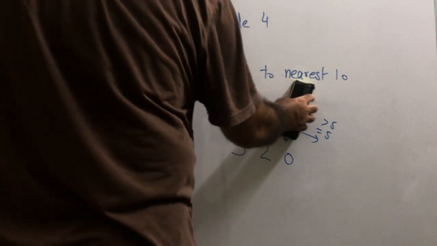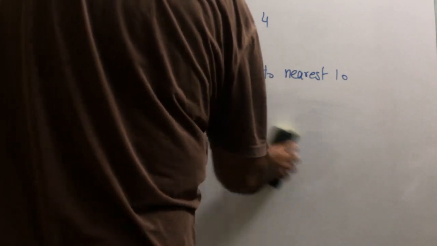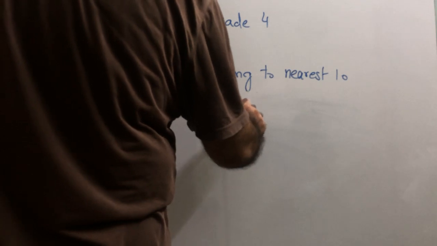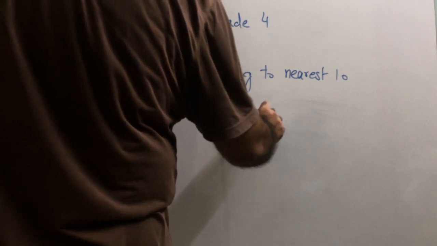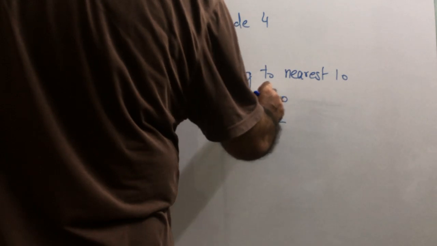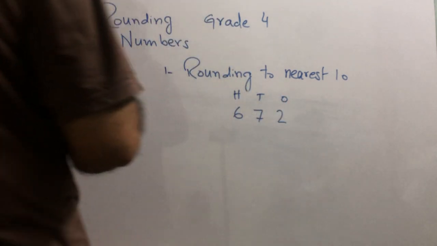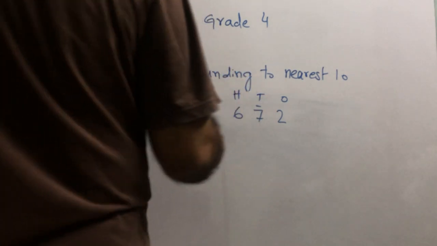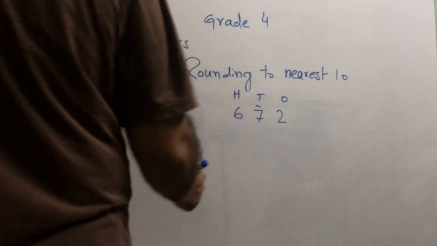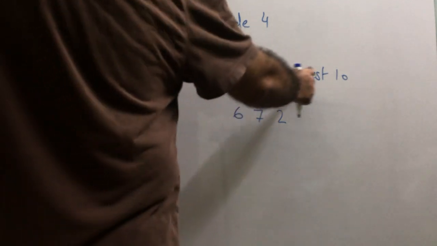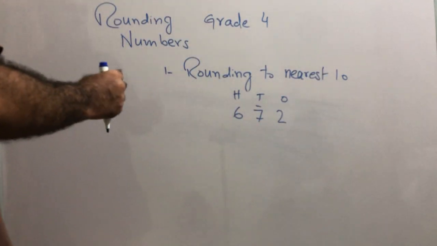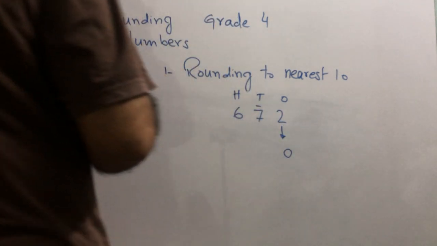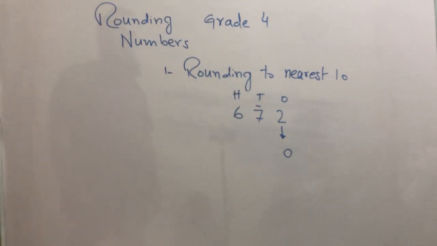Now we move ahead with the same topic, rounding to nearest 10. If we have, let's suppose, 672, with ones, tens, hundreds, and we want to round it to nearest 10, so nearest 10 is this place. Keep in mind that you need only to round to nearest 10. The first action is that we don't need ones, it becomes automatically 0.